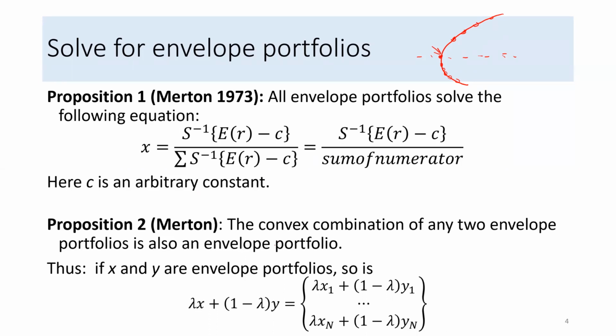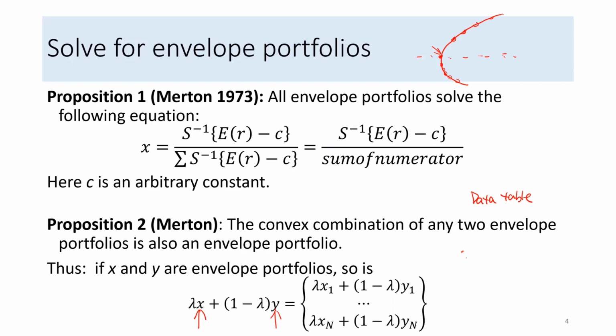But based on proposition 2, we can use a data table and save a lot of our work, because as long as we know portfolio X and portfolio Y, we will know all other portfolios.